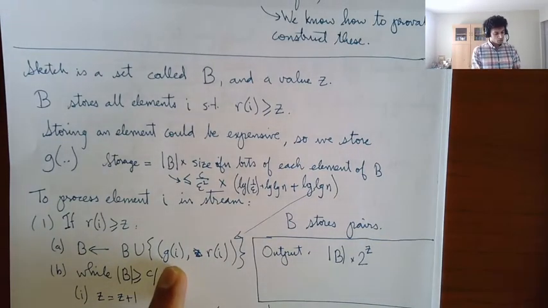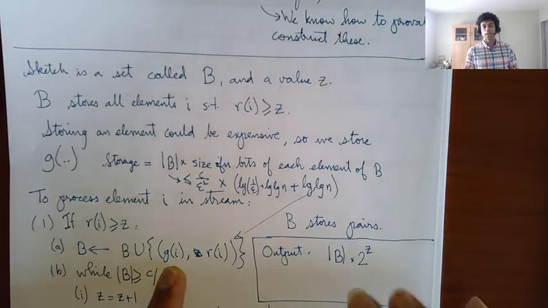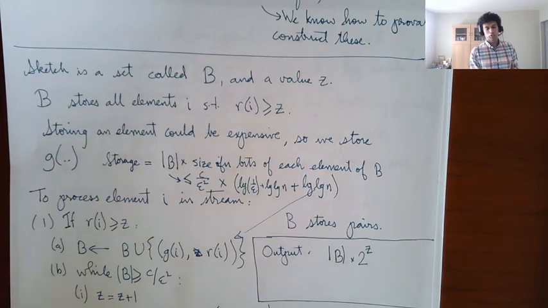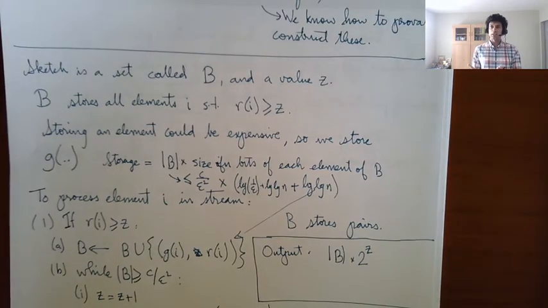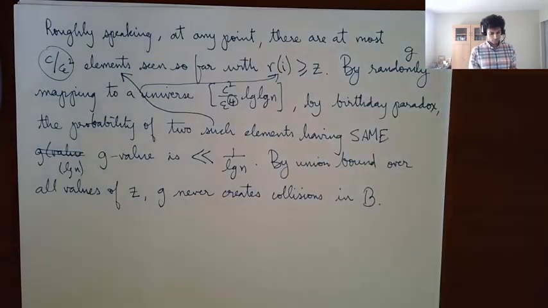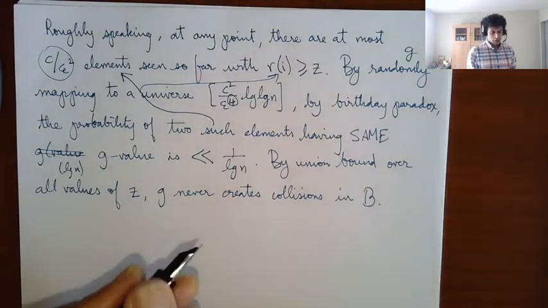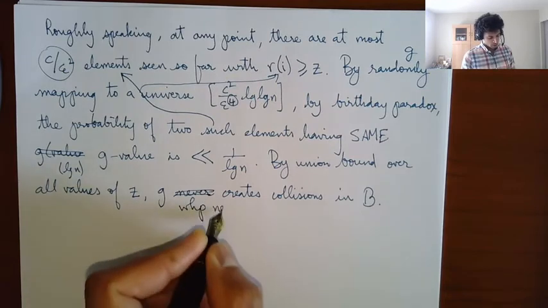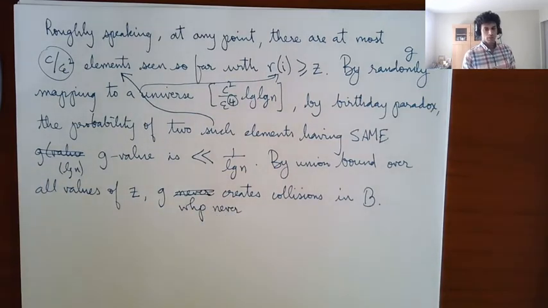So if you have two different I and I prime, both of whose R value is more than Z, their G values are likely to be different. Instead of never, I should really say G, with high probability, never creates collisions in B.